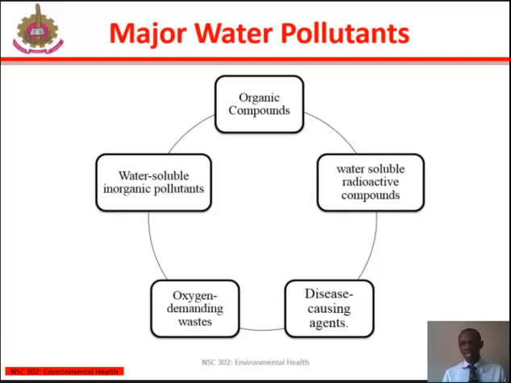A very dangerous category is suspended sediment, because it causes depletion in the water's light absorption, and the particles spread dangerous compounds such as pesticides through the water. Water-soluble radioactive compounds can cause cancer, birth defects, and genetic damage, and are thus very dangerous water pollutants.